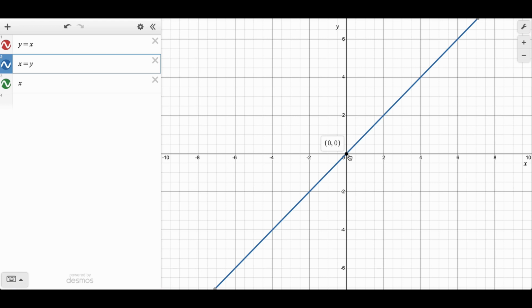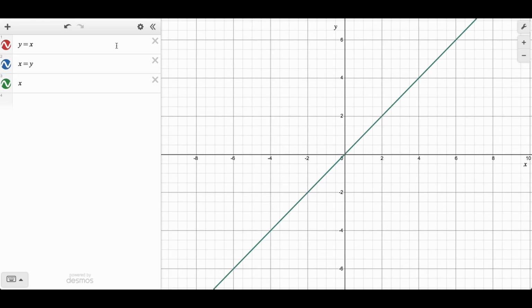So if we want to see what points are on this line, we just drag. And you can see that whatever x is, y is. Remember, the coordinates are written as x first, y second. I can't exactly point them out, so sorry about that. And you can see that if I stop at any point, y is always equal to x.